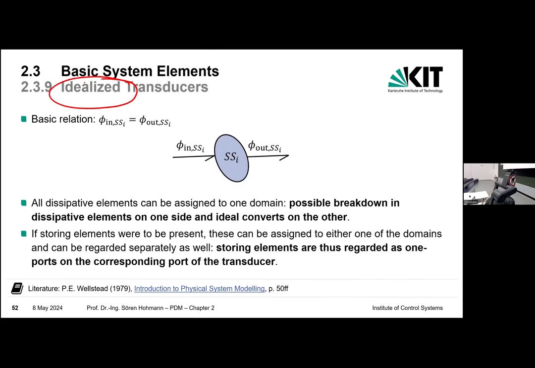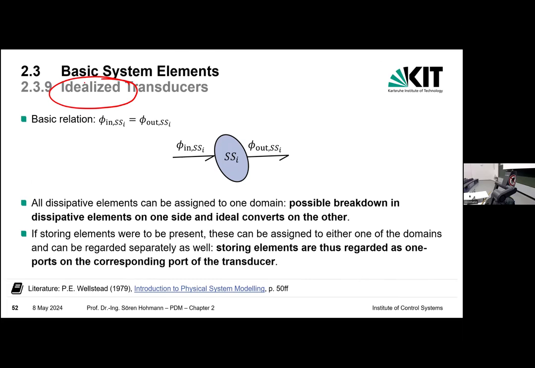And there is no dissipation, there is no storage, nothing. Or better to say, we can attach dissipative as well as storage elements to the idealized transducer on the left or right hand side of the transducer itself.